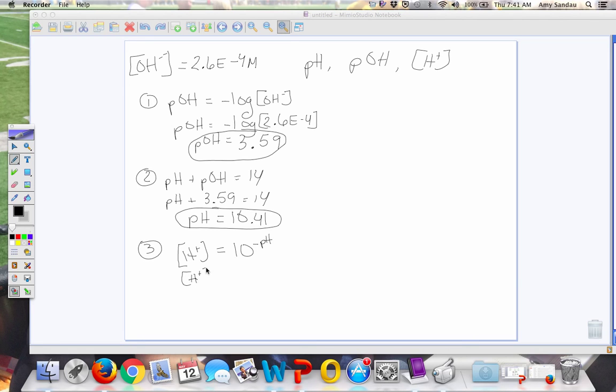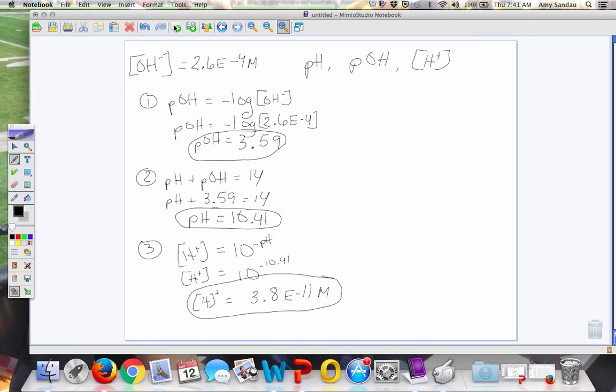So hydrogen ion is equal to 10 to the negative 10.41. When you put that in your calculator, the concentration of the hydrogen ion ends up being 3.8 E negative 11 molarity. And then you should have all three.